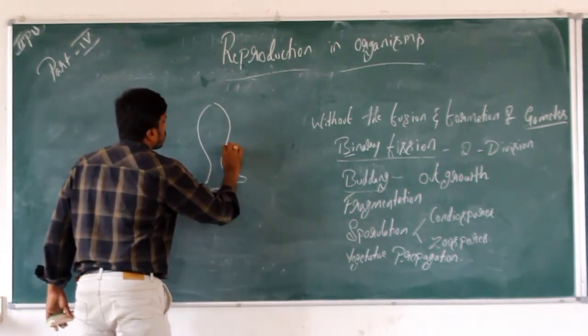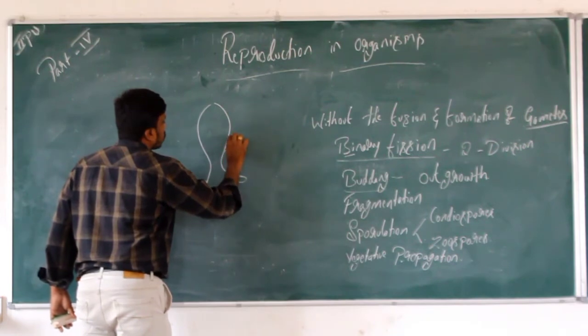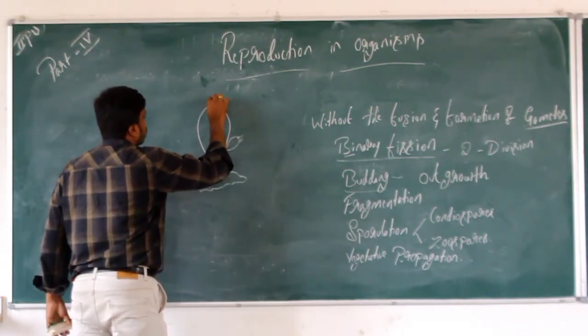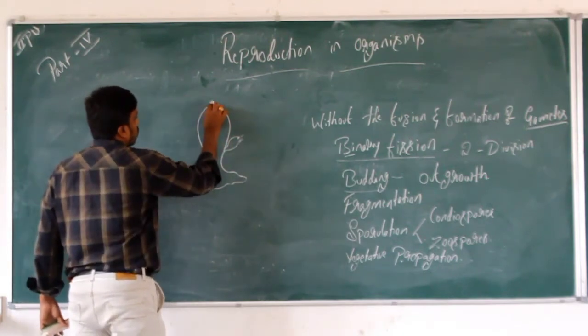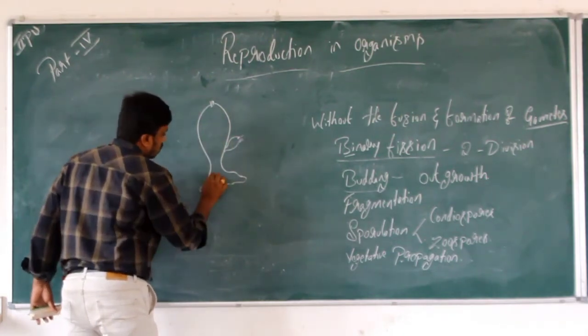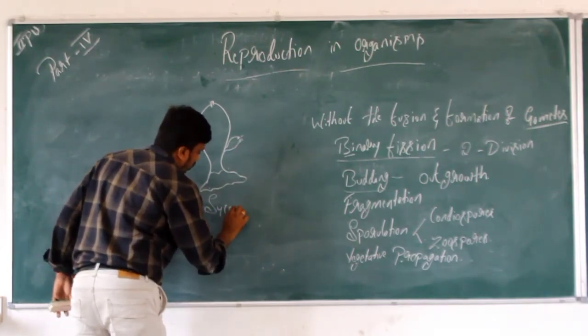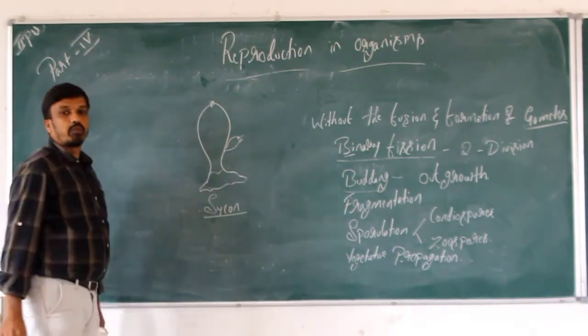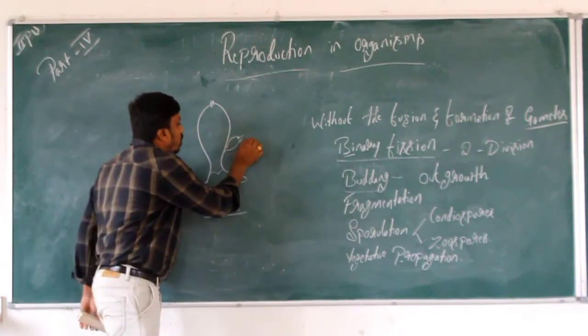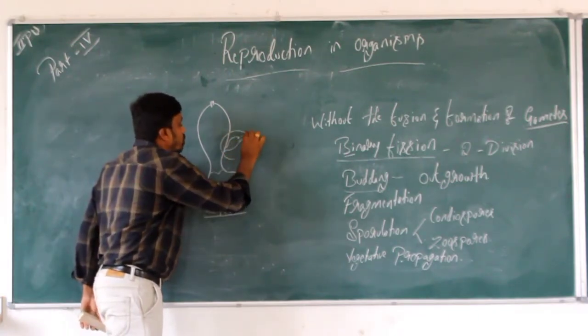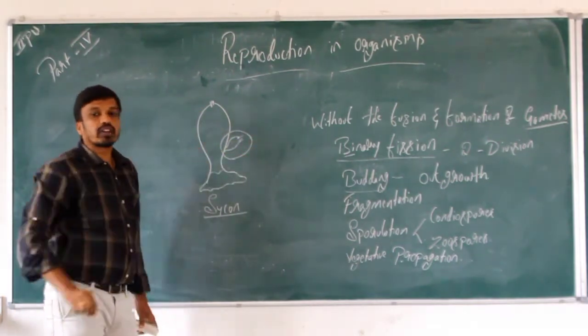There is a small outgrowth on the parent organism. So this is sycon. The small outgrowth develops on the parent organism.